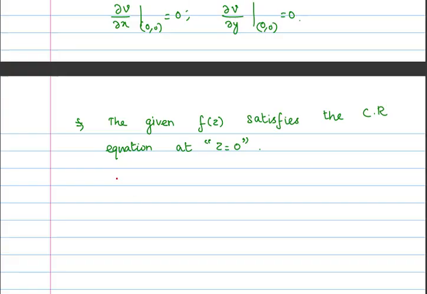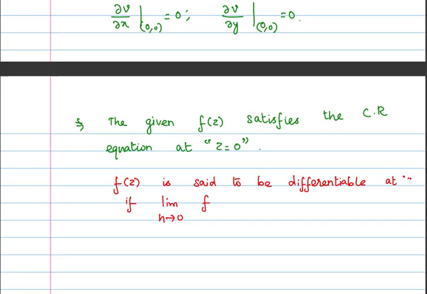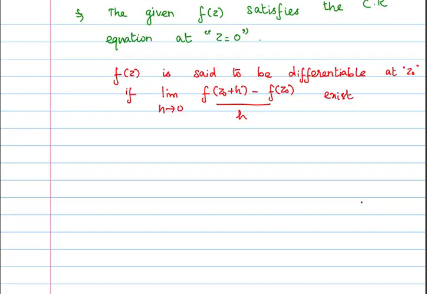This is the definition. f(z) is said to be differentiable at some particular point if the limit as h tends to 0 of (f(z0 + h) - f(z0))/h exists, because differentiability is always local. Exists means the limit is unique and a finite number.